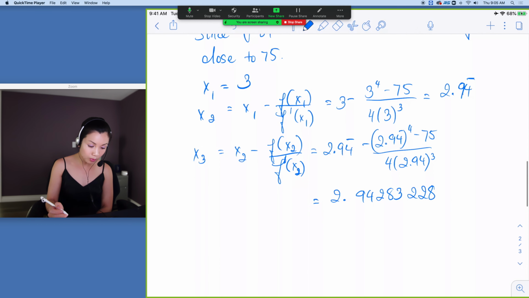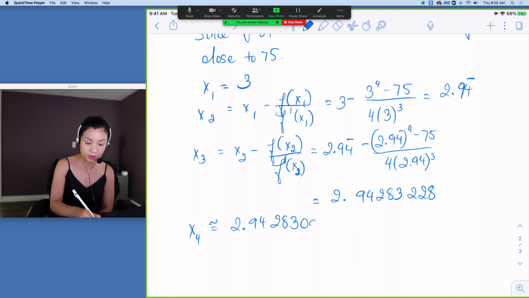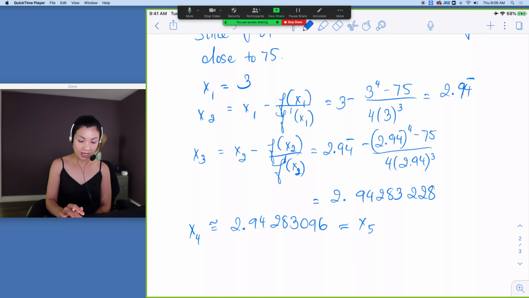Now, if you do it one more time, you plug everything in, you're going to get 2.94283096. You can see right there is 1, 2, 3, 4, 5, 6, 7, 8, so I have the 8th place. And this is, in fact, x5.